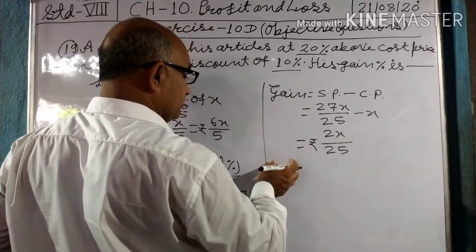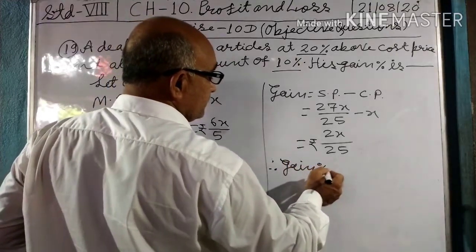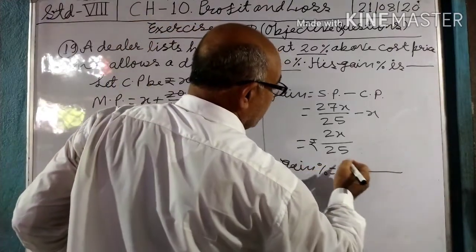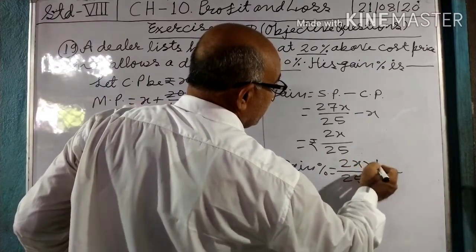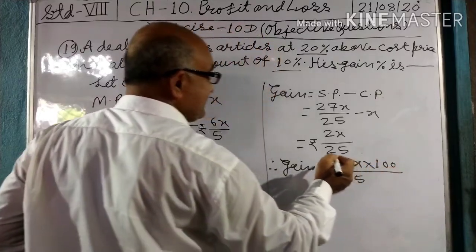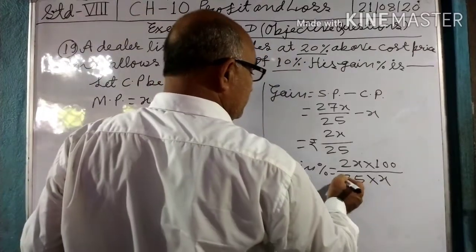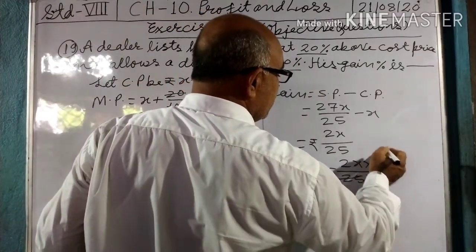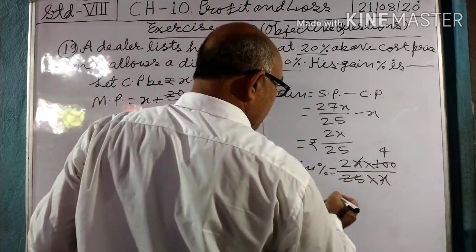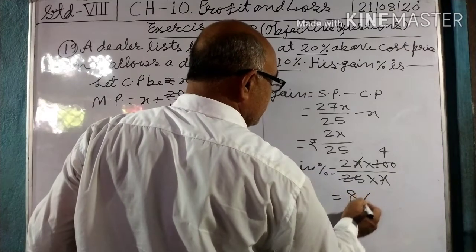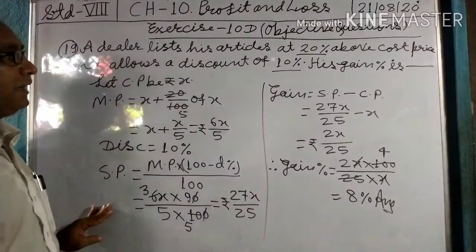Therefore, gain percent equal to gain into 100 by CP. So 2x by 25 into 100 by CP, CP is x. Now 25 into 4 is 100, x and x cancel, equal to 8%. Understand and write?